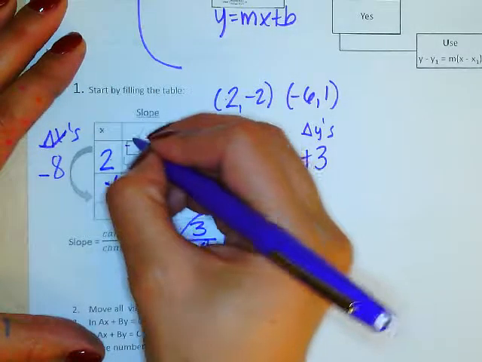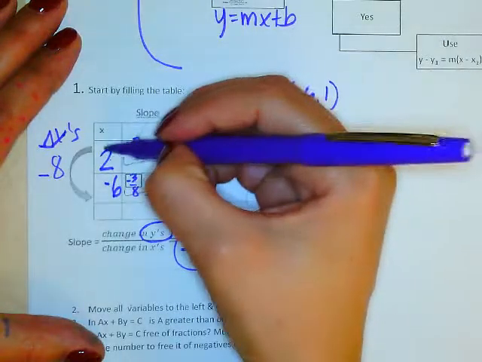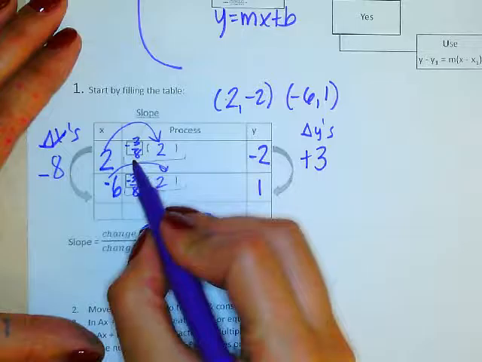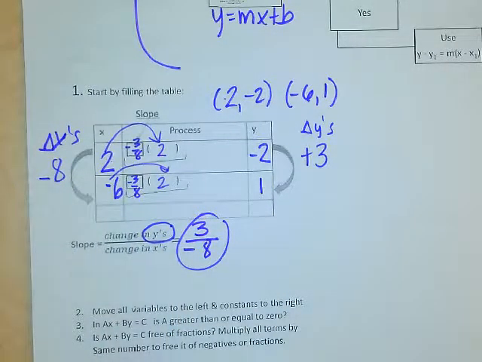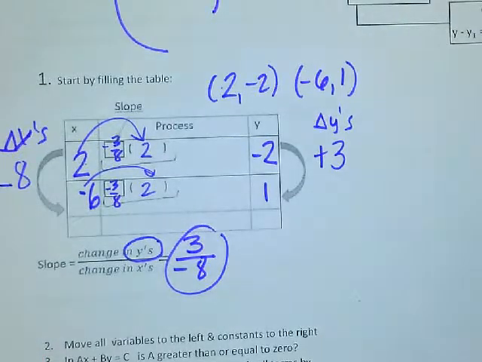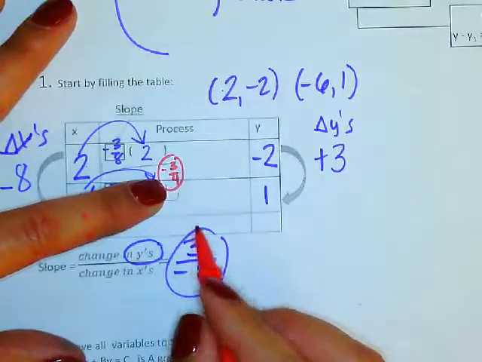I'm going to plug it in here. -3/8, -3/8. I'm going to plug in my x's. When I try the first one, -3/8 times 2, it's going to give me -3/4. So I'm going to put it right here.